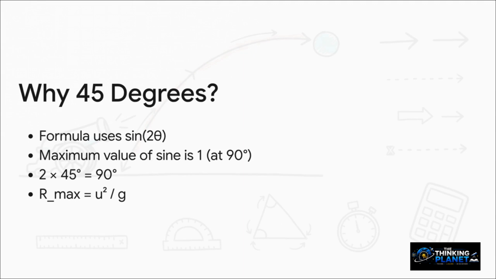What angle do you double to get 90? Exactly 45 degrees. When you launch at 45 degrees, the sine function maxes out at 1, and your entire maximum range equation gracefully simplifies down to just your initial velocity squared divided by gravity. It's just a beautiful intersection of math and real-world physics.